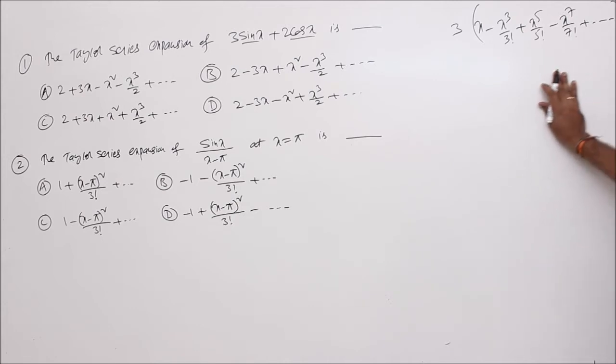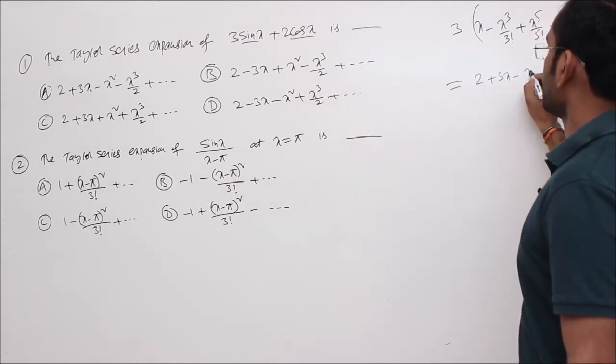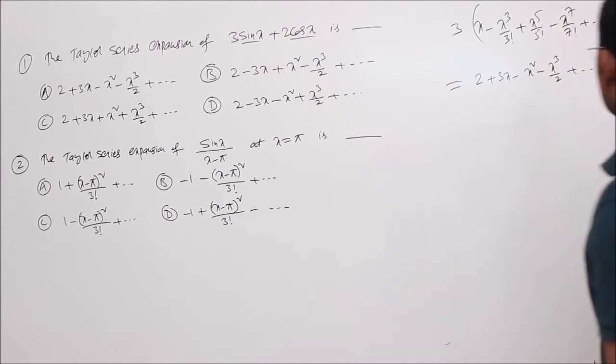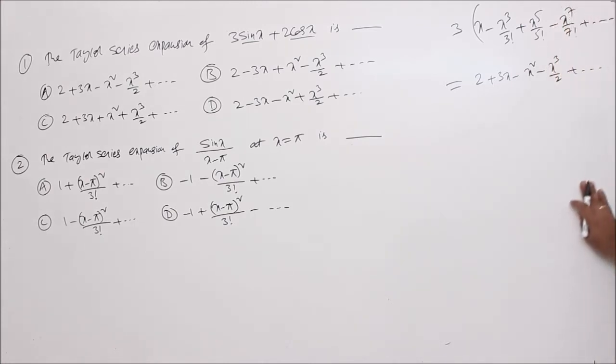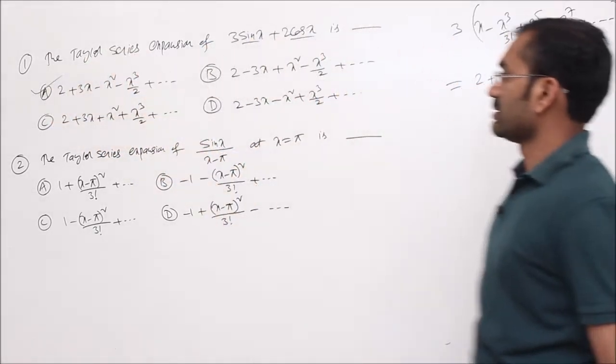Simplifying this, we will get 2 plus 3x minus x square minus x cube by 2 plus and so on. So the answer for the first question is option A.